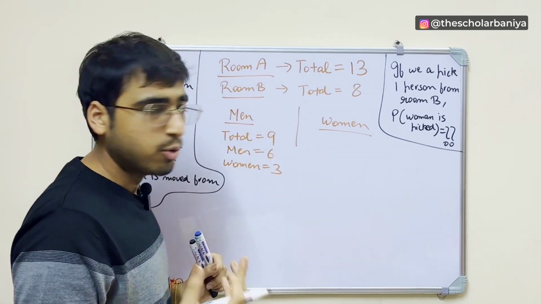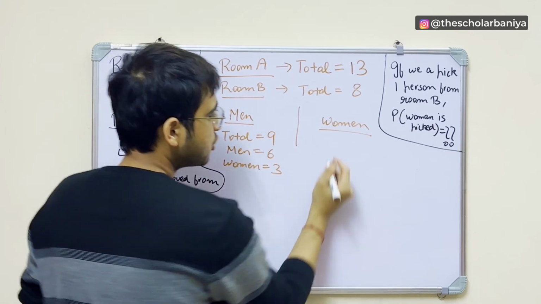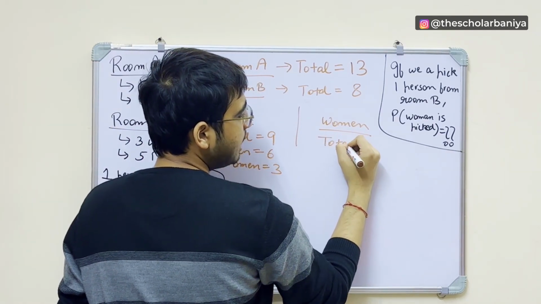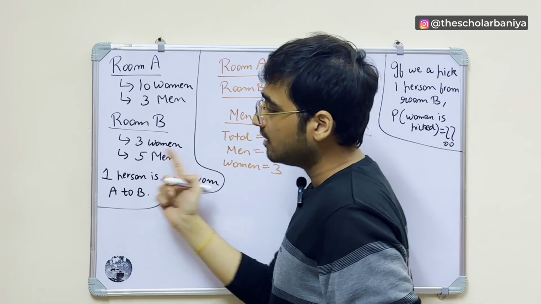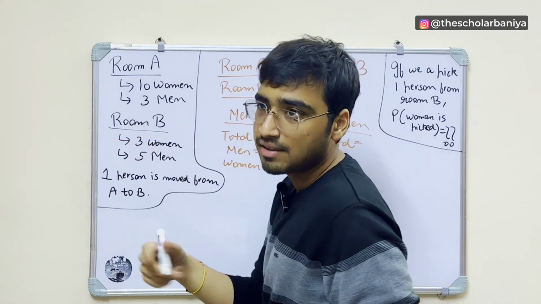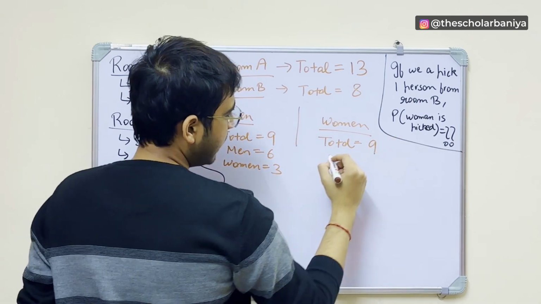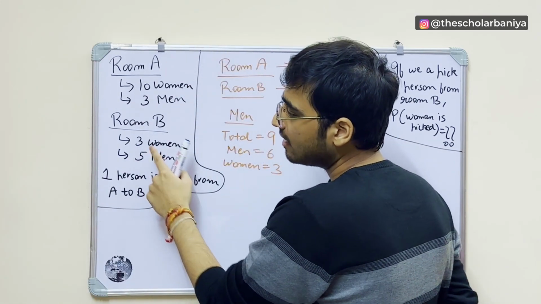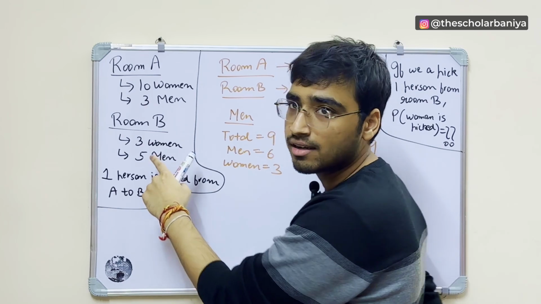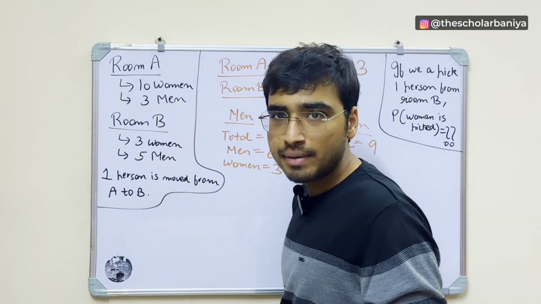Similarly, let's suppose we picked a woman from A and put that woman to B. Now in room B, how many people will be there? Earlier there were 8, there will be 9 now. But if we talk about men, there will be 5 men, because we have picked a woman, so the number of men remains the same.